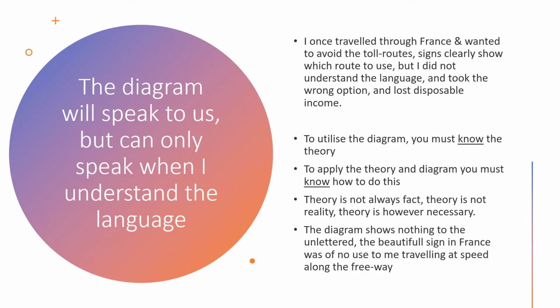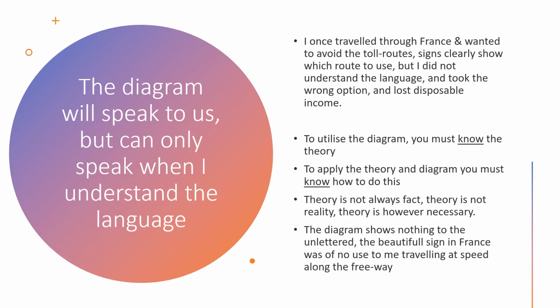The diagram will speak to us, but can only speak when I understand the language. Many times in life, if I went to Russia, the road signs would be of no use to me, unless somebody could explain what they meant. Obviously, certain arrows pointing in certain directions may seem like they make sense to us.